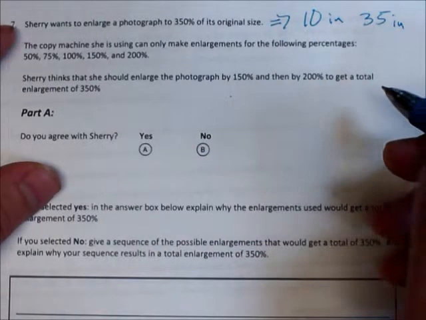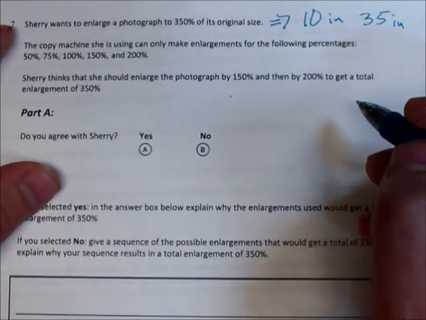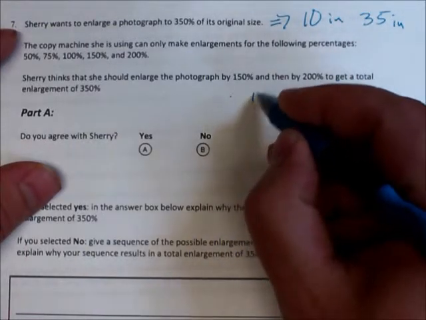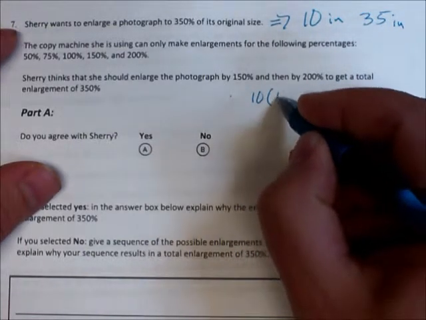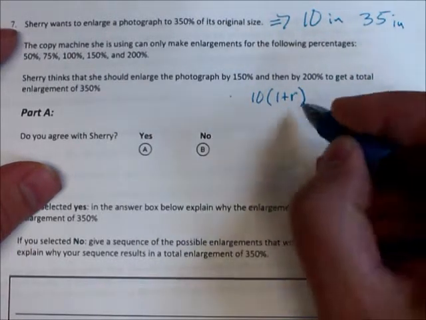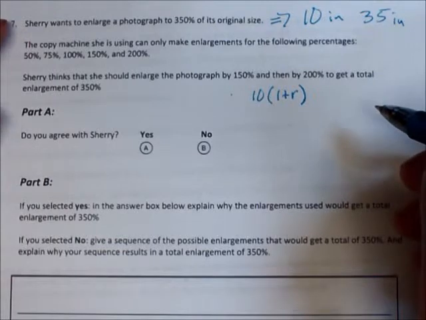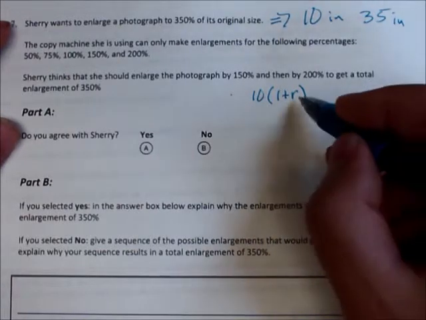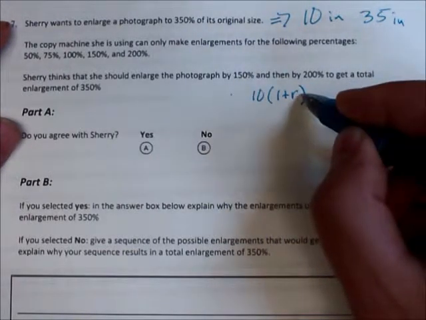This is similar to what we've seen with exponential growth because it deals with percentages. If you take 10 and multiply it by 1 plus the rate, in this case the enlargement, you're going to get the new size. So 150% would be a rate of 1.5, right?